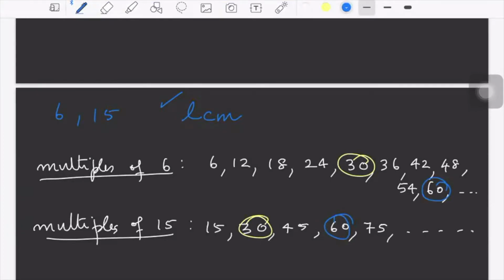You have 30, then 60, then the next number is going to be 90, right? And we are interested in the least common multiple. And so LCM of 6 and 15 is going to be 30.